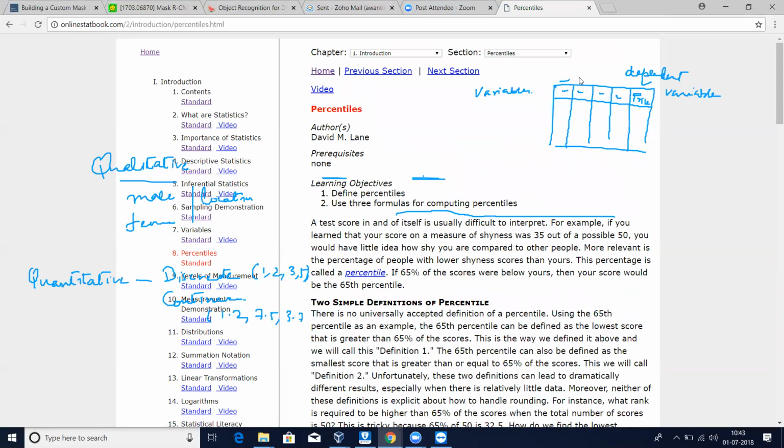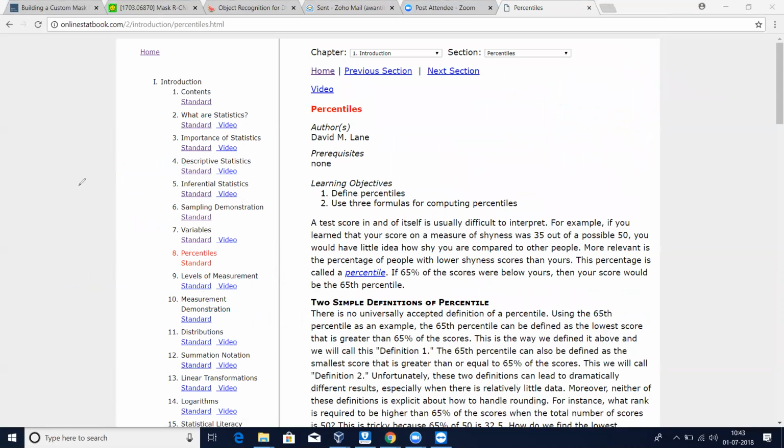Now a few more important things, which are not mentioned here. Categorical values can be nominal or ordinal. What is nominal?